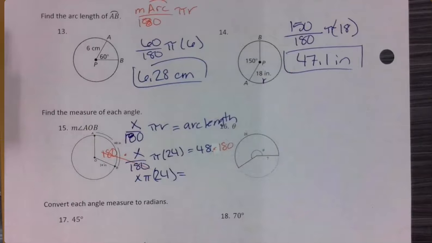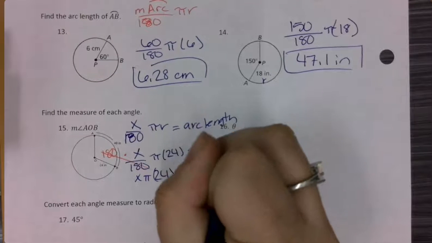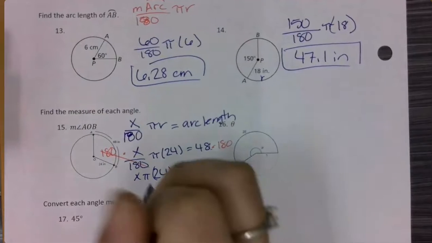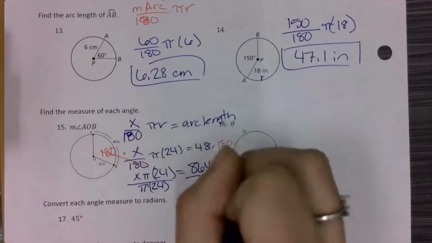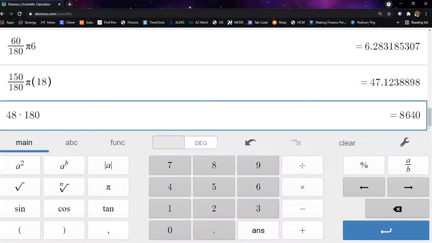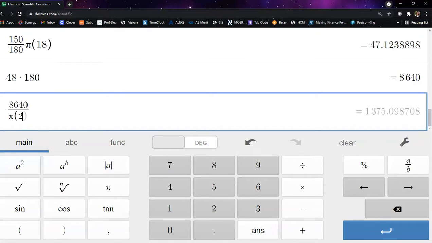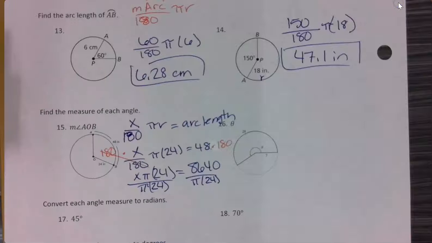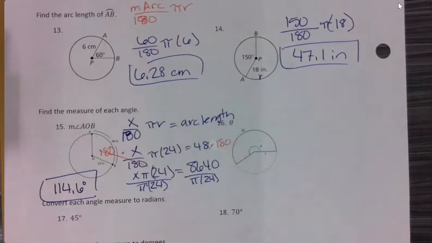I just had it. 8640. And then I want to go ahead and divide both sides by pi 24. I go back to Desmos. Gets me 114, and this is going to round to 0.6. This is degrees because it's an angle measure.